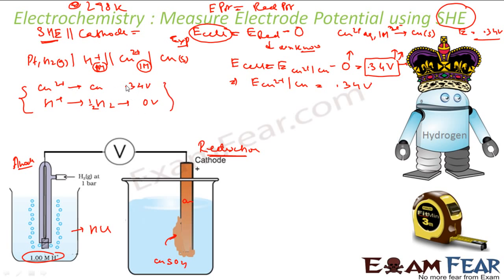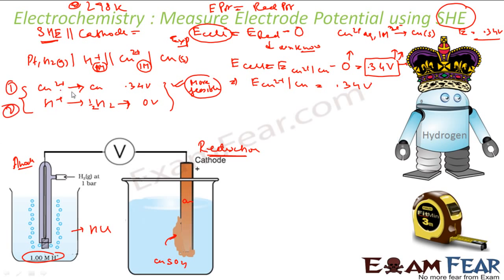A positive value means this reaction is feasible, correct? More feasible. 0 means okay. So when you compare these two, this 0.34 is more than 0. That means this reaction is more feasible, more spontaneous, I can say. The first reaction is more spontaneous than the second reaction.